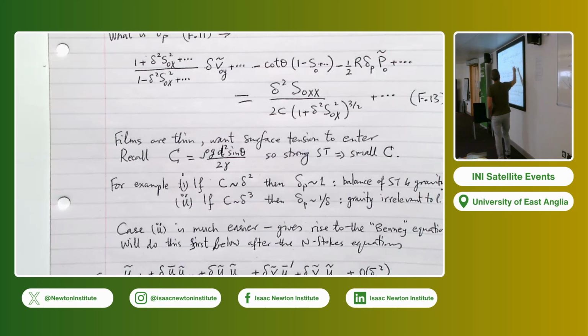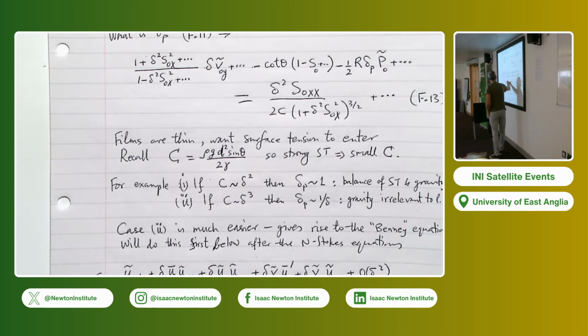Well, there are really two canonical cases here. The first is if delta P is of order 1, because I'm assuming the Reynolds number is order 1. Reynolds numbers are 10, 20, values like that. They're not much bigger than that.